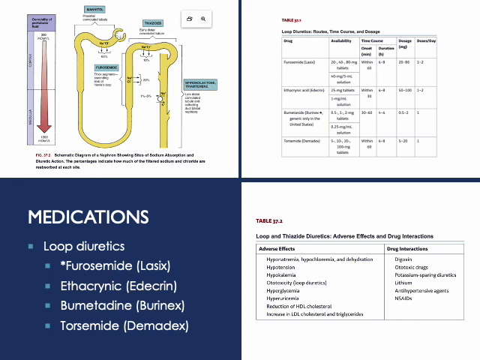You don't want to prescribe loop and thiazide diuretics with potassium-sparing diuretics, lithium, or antihypertensive agents, because it's also going to have that effect already, and you don't want to prescribe it with an NSAID.